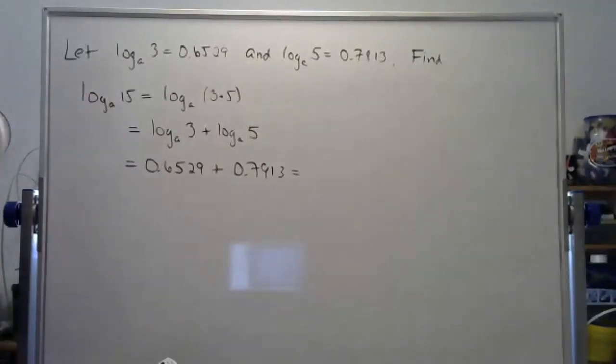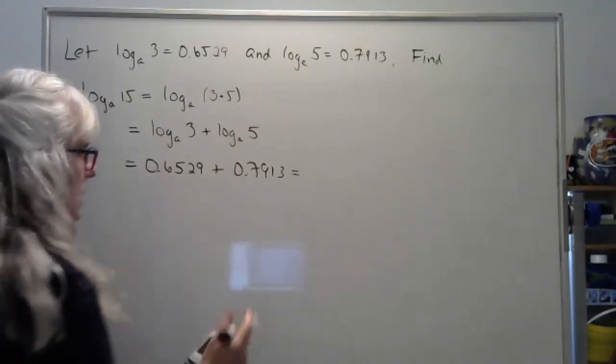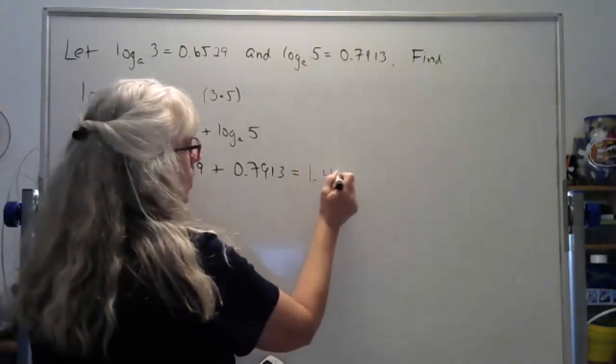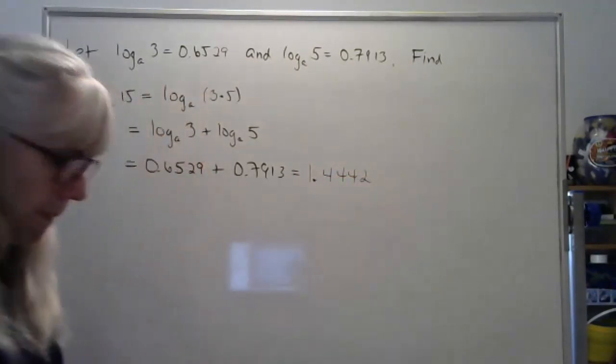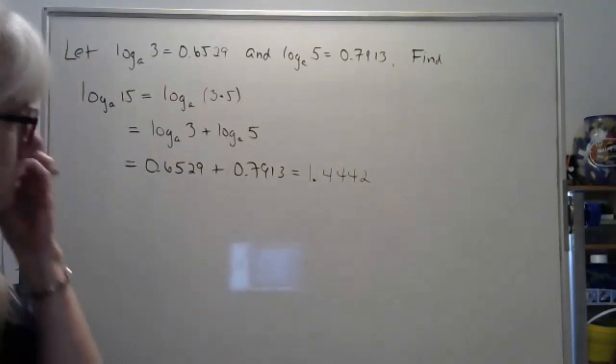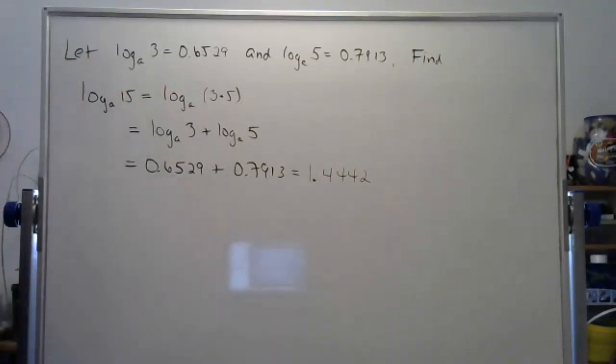At this point, all I have to do is combine those two numbers together. So 0.6529 plus 0.7913, which is equal to 1.4442. Okay. Comments or questions? So this is the homework that's due on Saturday, right?